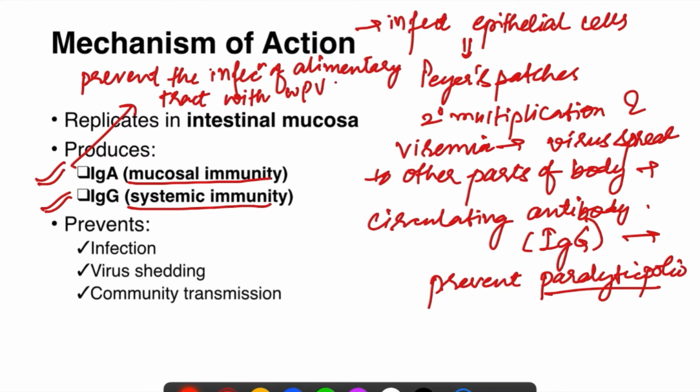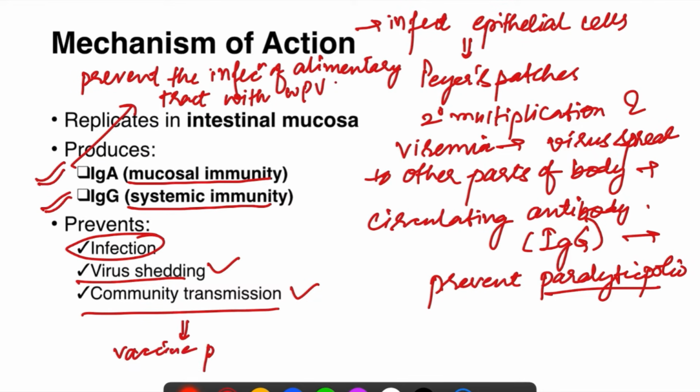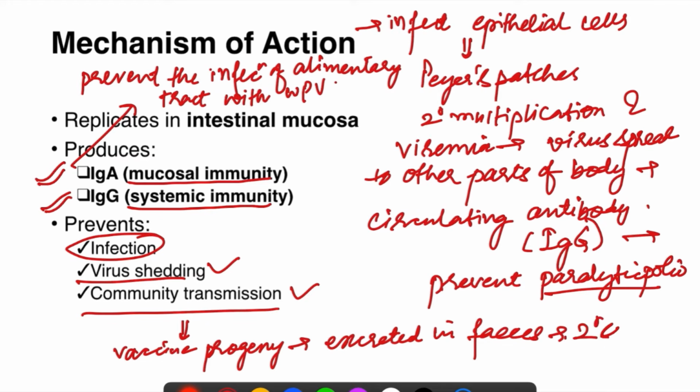Thus, this OPV prevents the infection, virus shedding, and community transmission. When the vaccine progeny is excreted in the feces, secondary spread occurs to the household contacts and susceptible contacts in the community, and the non-immunized children may also thus be immunized. Therefore, it prevents the community transmission of wild poliovirus.